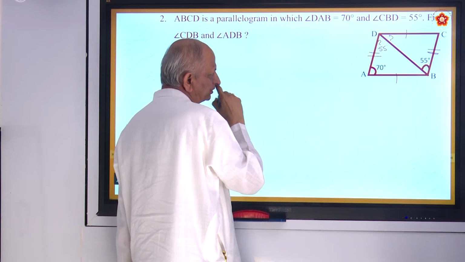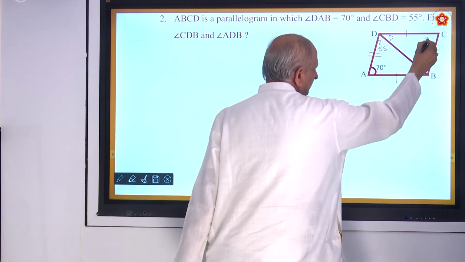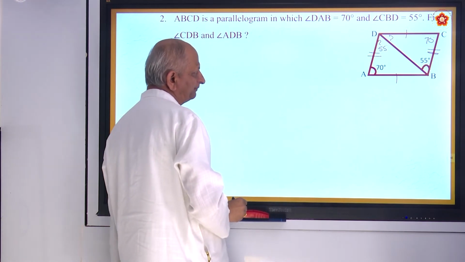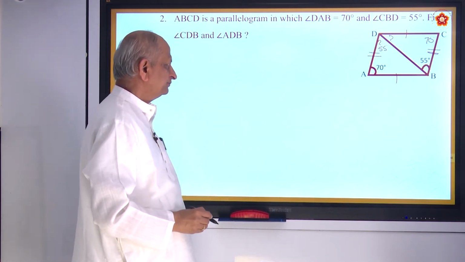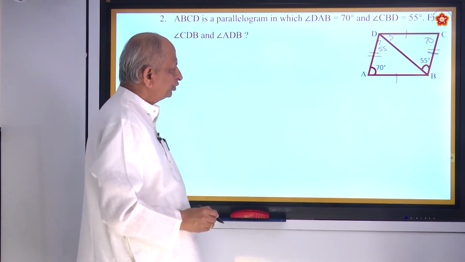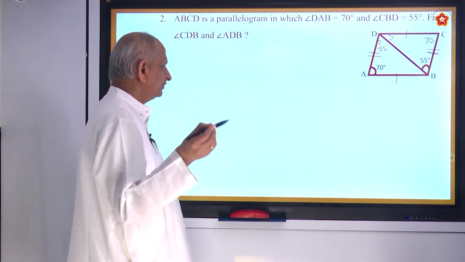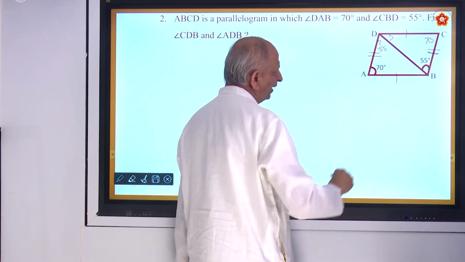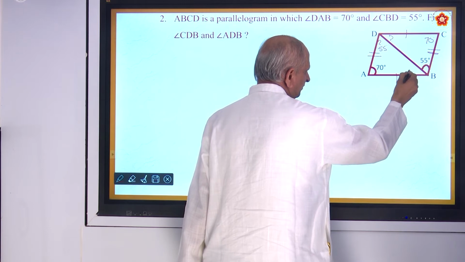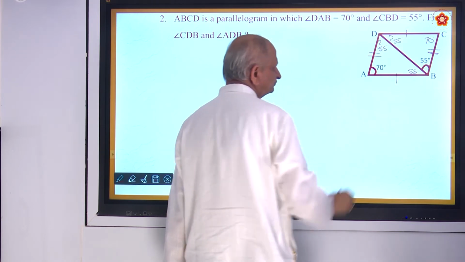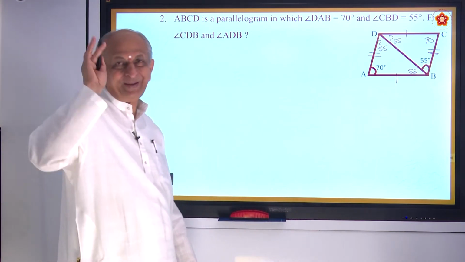If this is 70, this also becomes 70. A is equal to C, so 140. 360 minus 140 is 220. So 220, the sum of B and D, by 2, 110. So this also becomes 55. That's how you have to do it mentally.